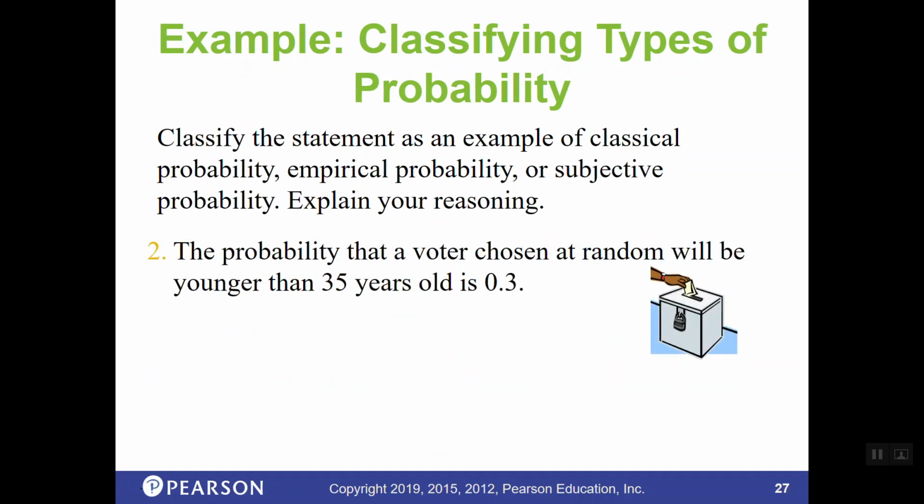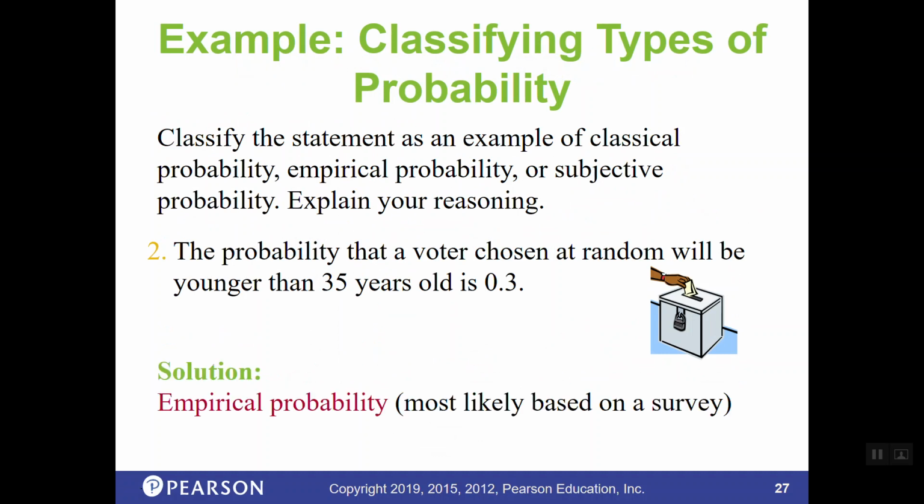Next, the probability that a voter chosen at random will be younger than 35 years old is 0.3, or 30%. Okay, this one is empirical. They just studied the people that voted, and it's an experiment. Most likely it's based on a survey, and that's why it's an empirical probability.